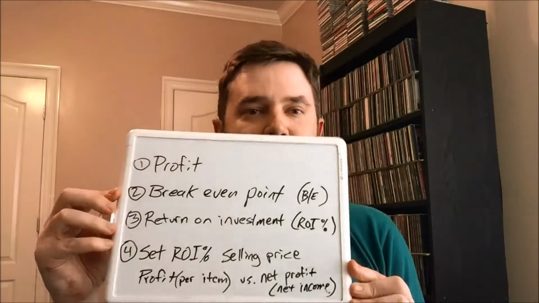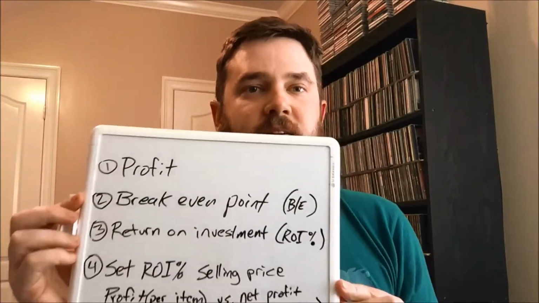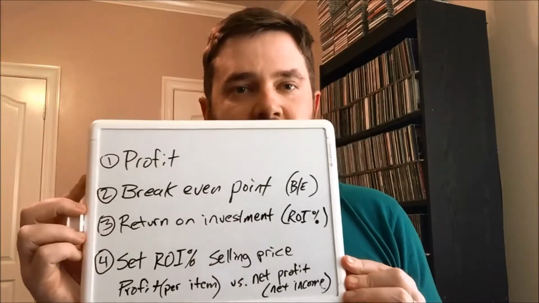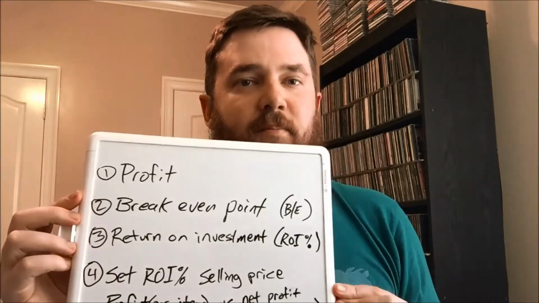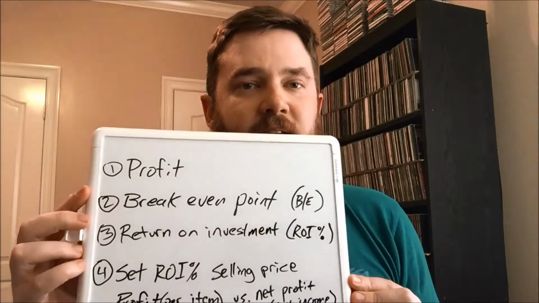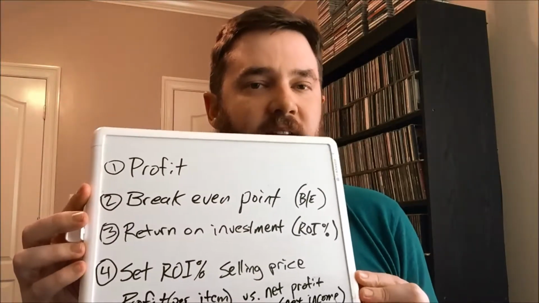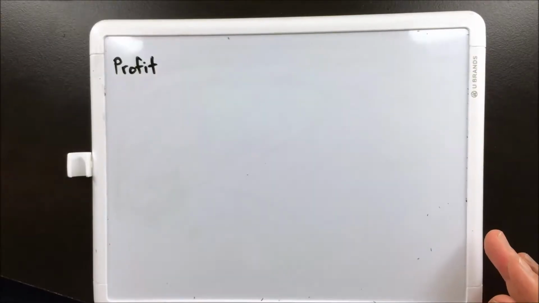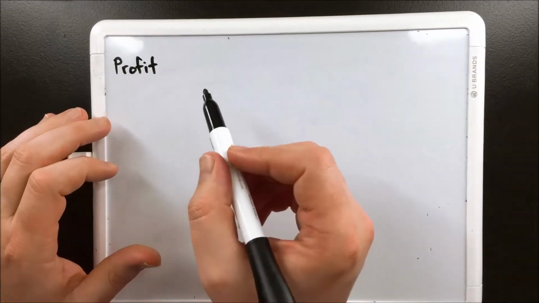But even eBay sellers that are really small time need to know at least these four basic ones, which are profit, break-even point, return on investment, and the ability to calculate a set return on investment selling price.